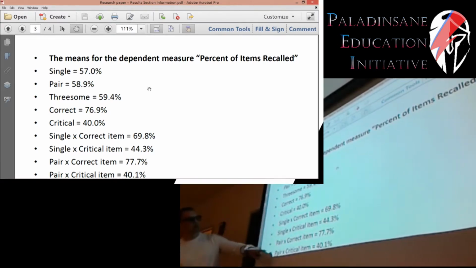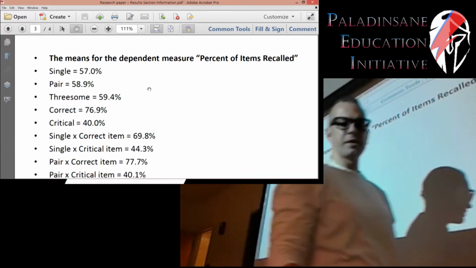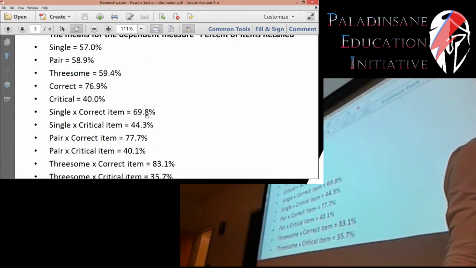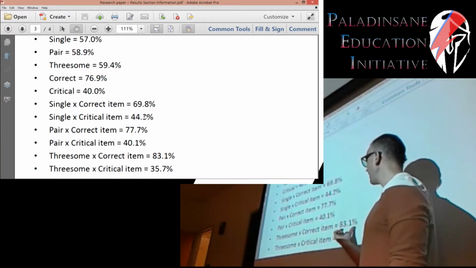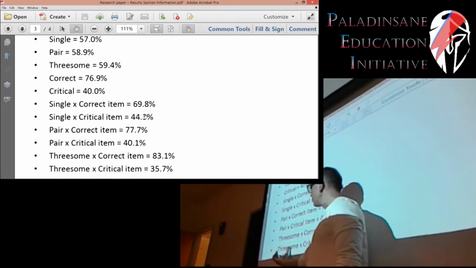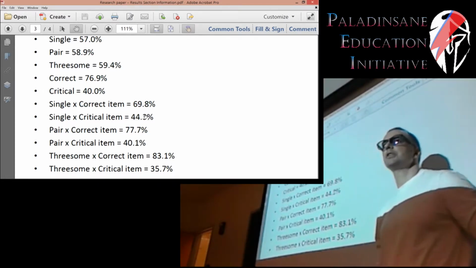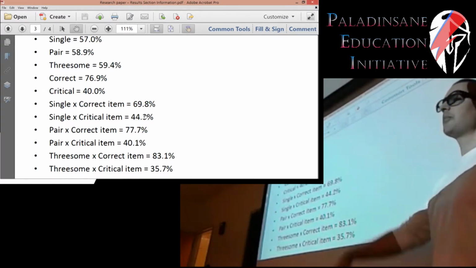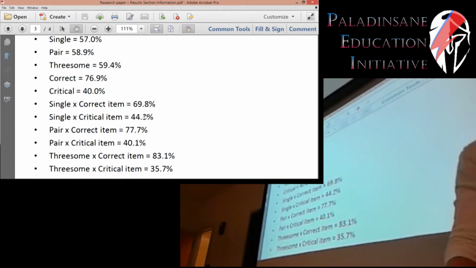Pairs recalled critical items at a rate of 40.1%. Finally, groups of 3 recalled correct items at a rate of 83.1%, and critical items at a rate of 35.7%. Those are the numbers that we're going to report in this results section.